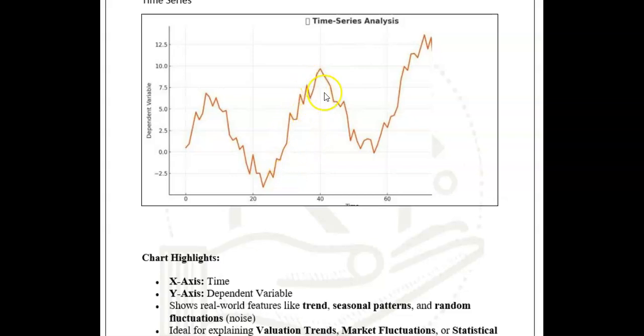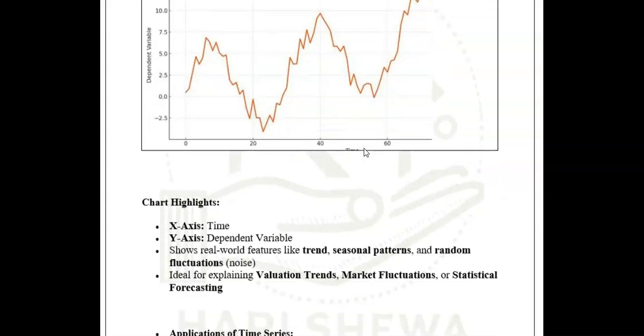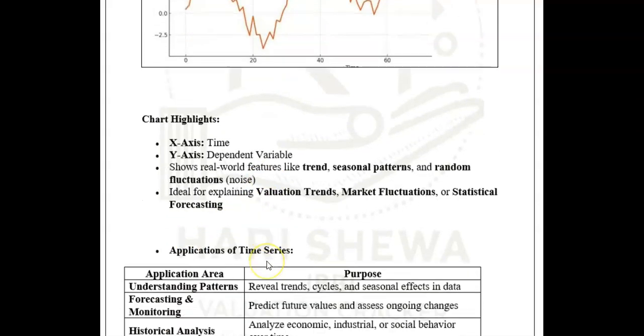If the graph is going downward, the rate is falling. Accordingly, we can prepare the graph of how property value has changed over the last 40 years. Ideal for explaining valuation trend, market fluctuation, and statistical forecasting.